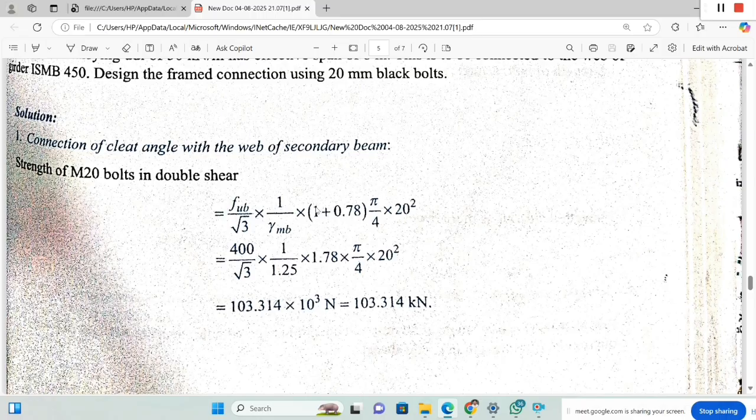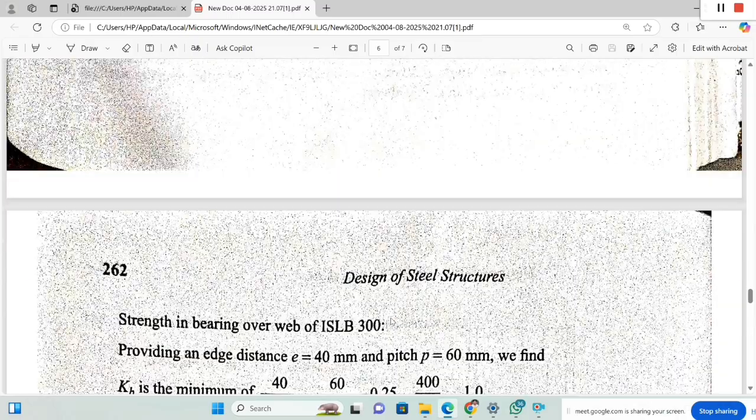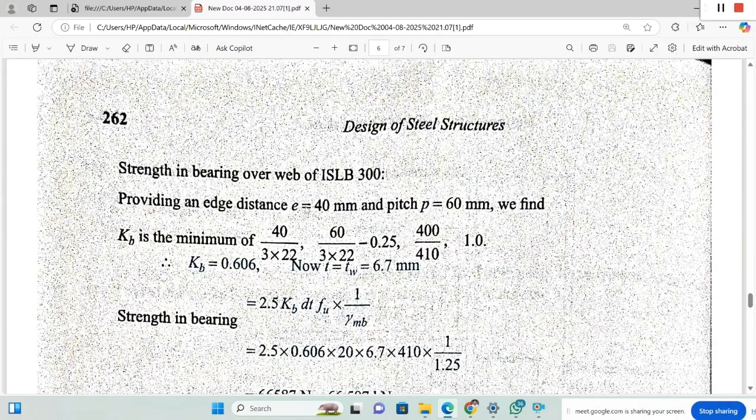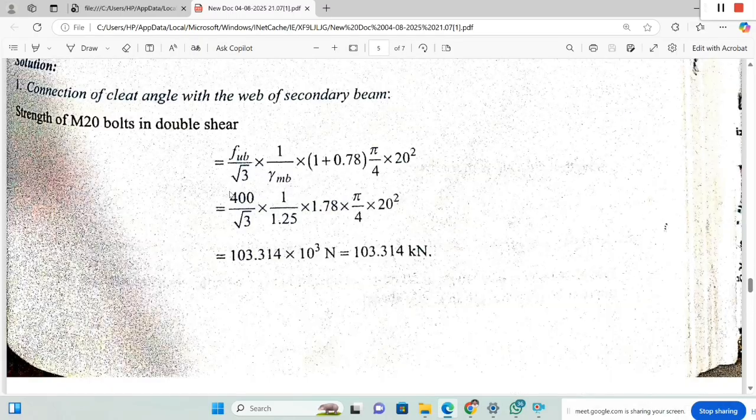One shear plane is in the shank portion and another shear plane is in the root portion. So this is 1 plus 0.78. This will give the strength in double shear, 103.31 kN. That is the strength of the bolt in double shear.